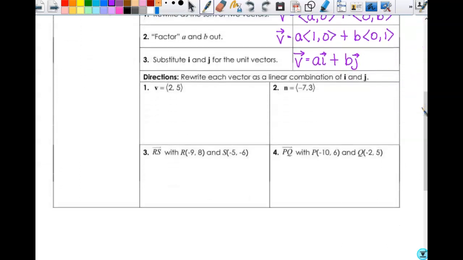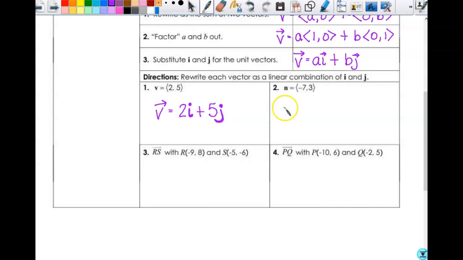So it says rewrite each vector as a linear combination of i and j. It is this easy. It is just a different way to write it, a different way to notate it. So v is also equal to 2 times i plus 5 times j. And these are either bolded or actual vectors, but I'll make those bold and I'll make these vectors.